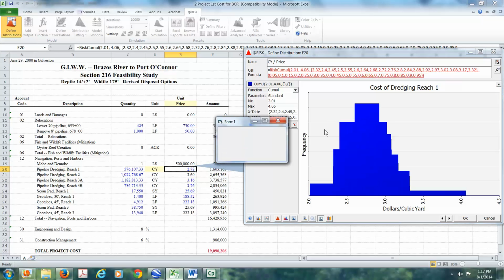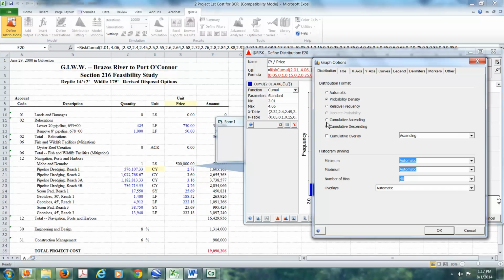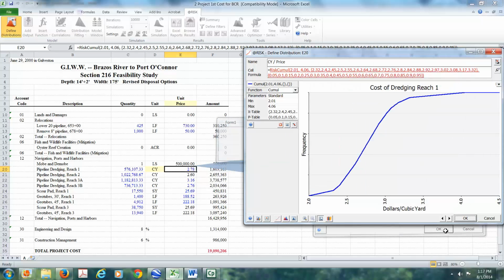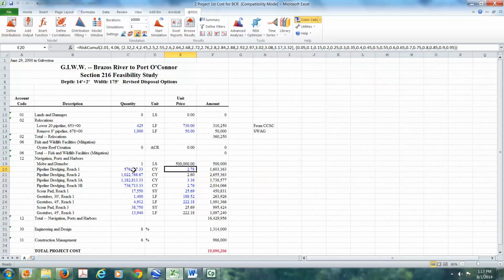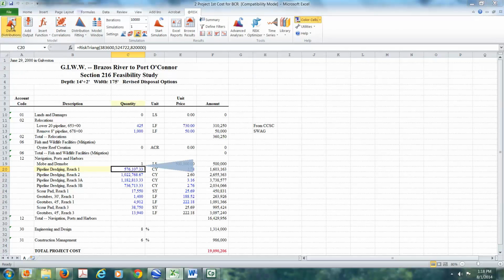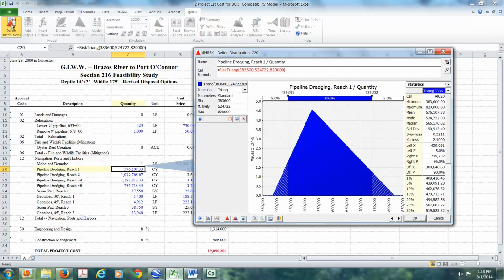This distribution was originally developed in a cumulative fashion here. You can see the data up here was transferred over from another model. The quantity of material to be removed in a particular area of Matagorda Bay is also uncertain, and here you see these values are estimated as triangular distributions.